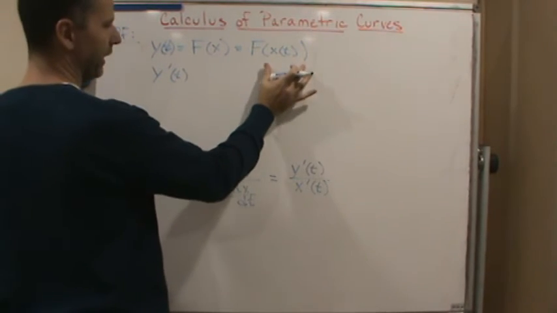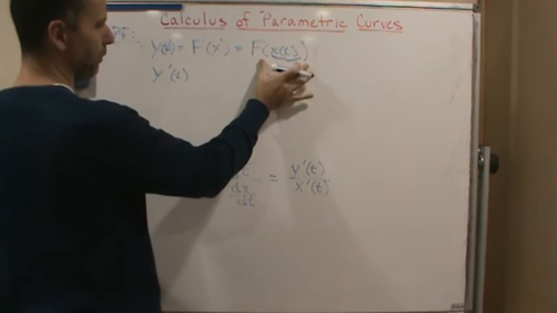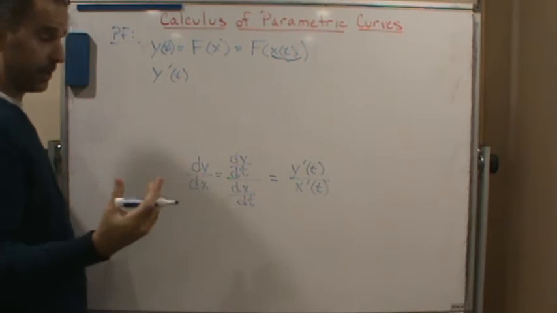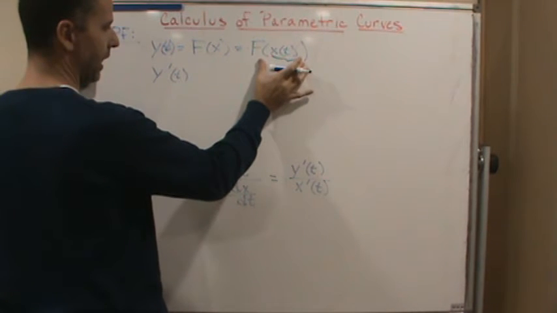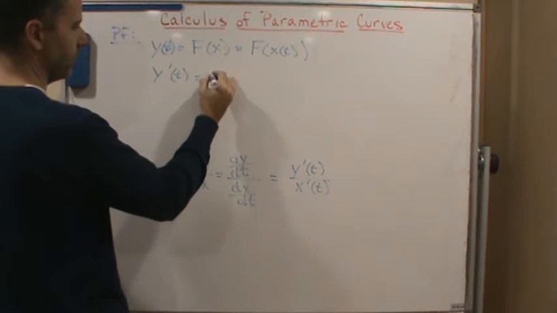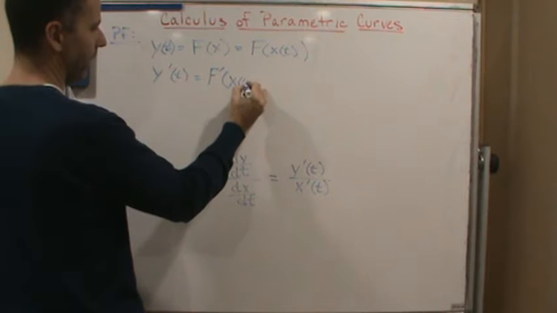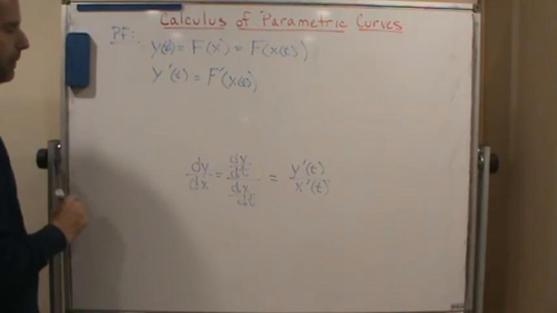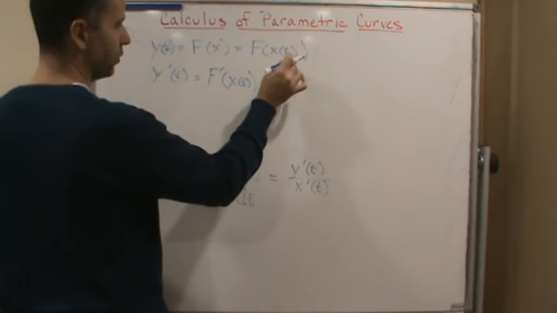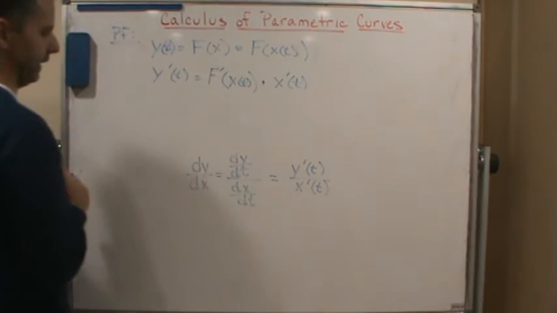And then what happens over here? Well, I've got an inside function and an outside function. So the chain rule tells us that we take the derivative of the outside times the derivative of the inside. So this is going to give me capital F prime of x of t times the derivative of the inside, which is x prime of t.